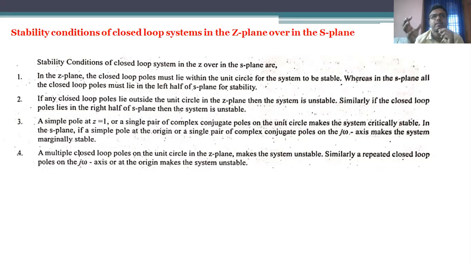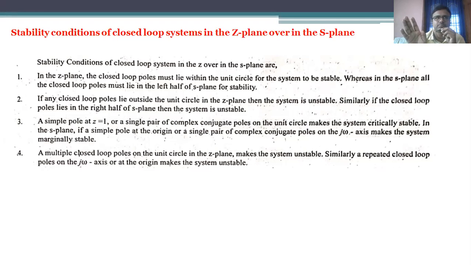And similarly, if a single pole lies on the unit circle, then that particular system is called critically stable. With respect to the S plane, if a single pole of a closed loop transfer function lies on the j omega axis, then that system is called marginally stable.